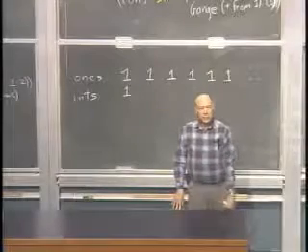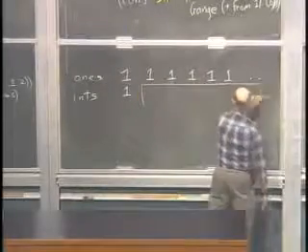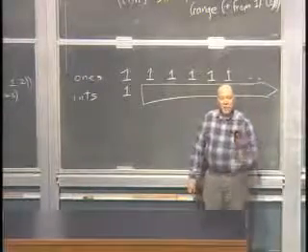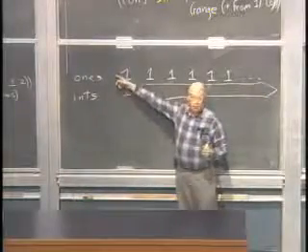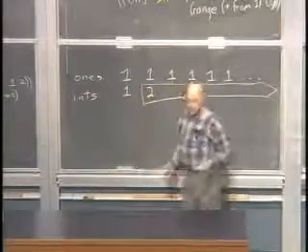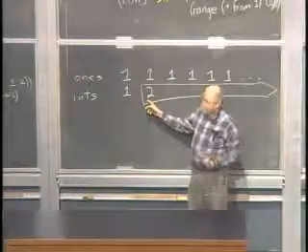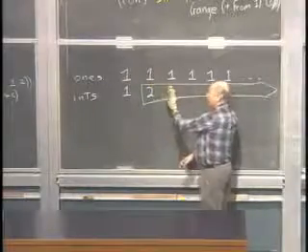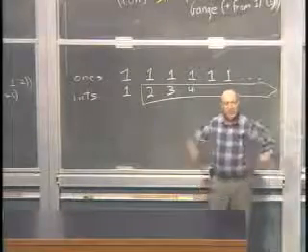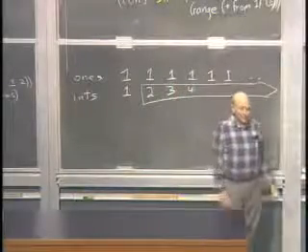And now what we're going to do is the remaining element of ints, this part, is what we get by adding up the stream ints and the stream ones. So what's 1 plus 1? It's 2. Well, until now I didn't know the second element of ints, but now I do, so I can say 2 plus 1 and get 3. 3 plus 1 is 4, and so on. So we're generating each element of ints just in time to add 1 to it to get the next element of ints.